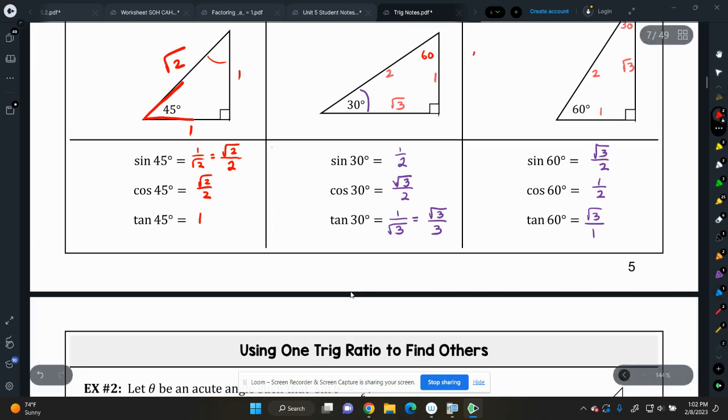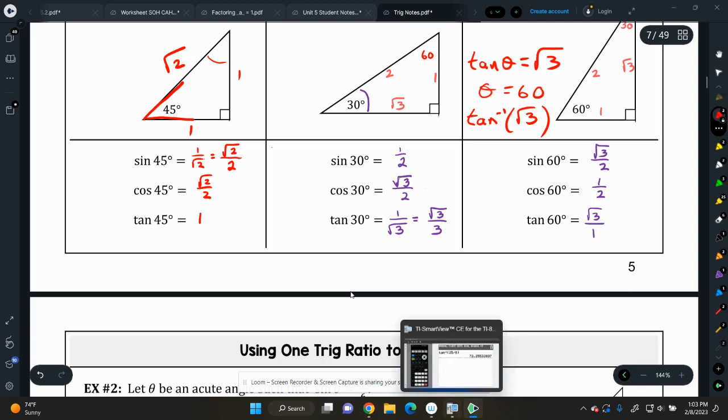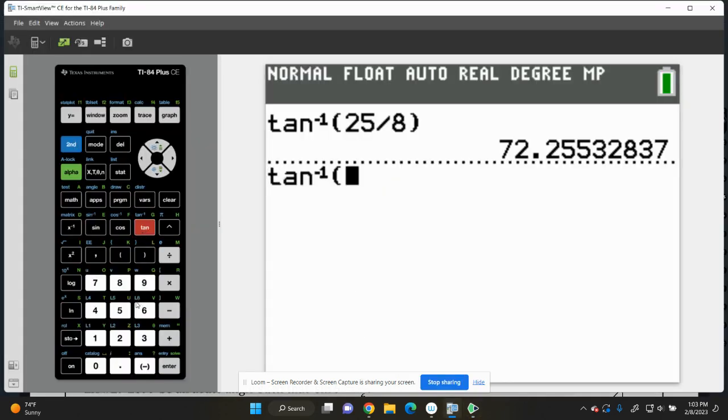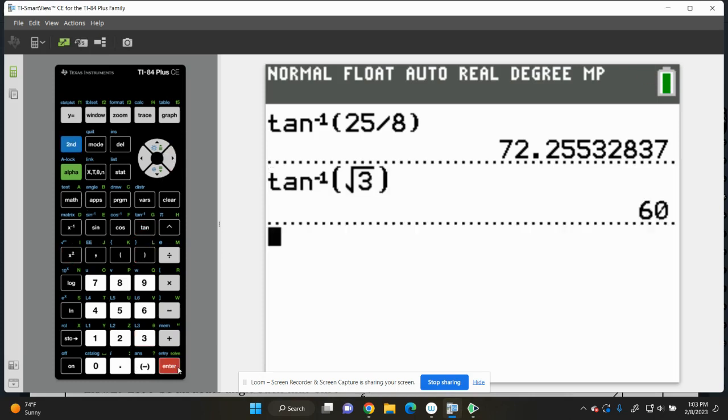If I had tangent of theta equals the square root of 3, what would theta be? Tangent of what angle equals the square root of 3? 60. If I went on my calculator and did inverse tangent of the square root of 3, we get 60.